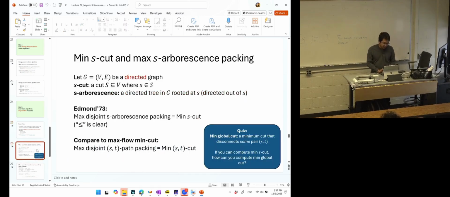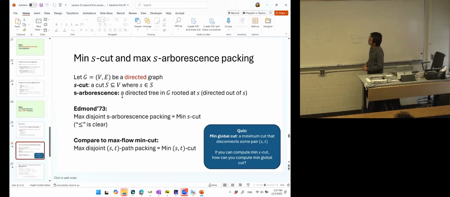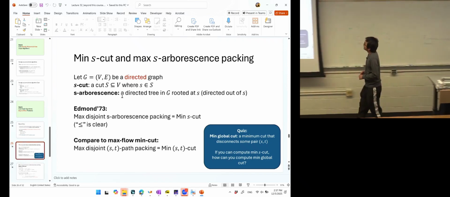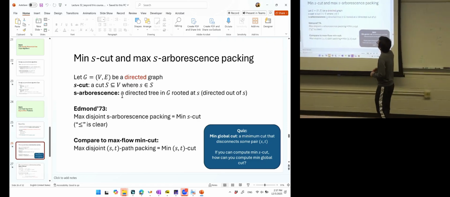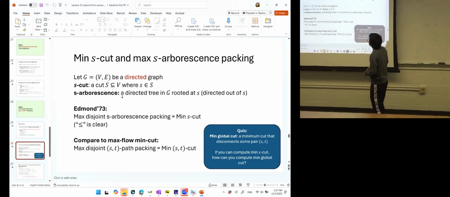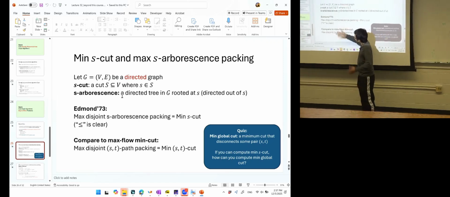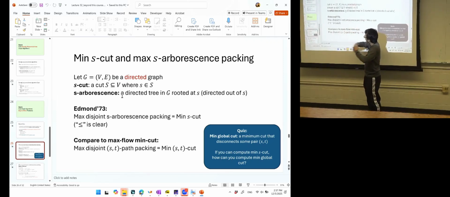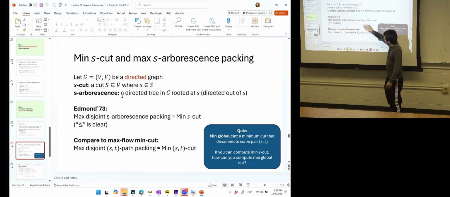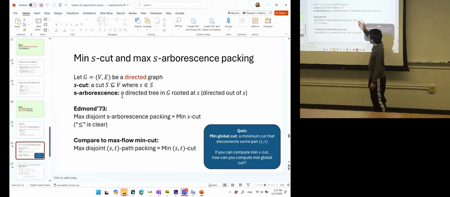Now I talk about one problem, which is min S cut and max arborescence packing. It's about packing trees rooted at the node S. How many can you pack? The maximum number is just bounded by min S cut.